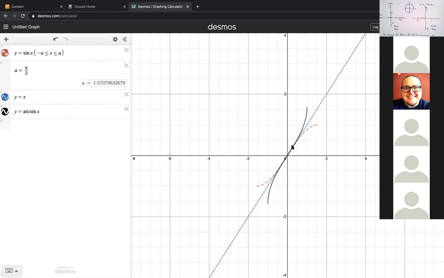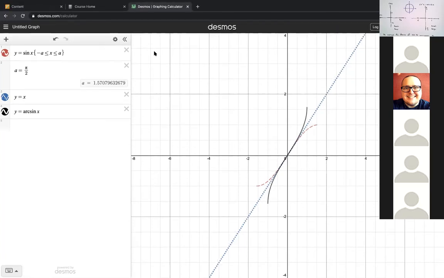So this black curve is arc sine, and all it does is it flips the values of the red curve, the regular sine function, across this one, y equals x. Okay, and one thing to note is the domain and range of this function. They swap the domain and the range of our sine function. So you can see it, only certain values of x can be plugged in, and only certain values of y will ever come out of arc sine.